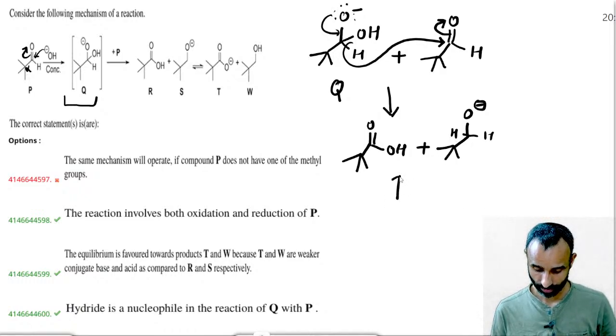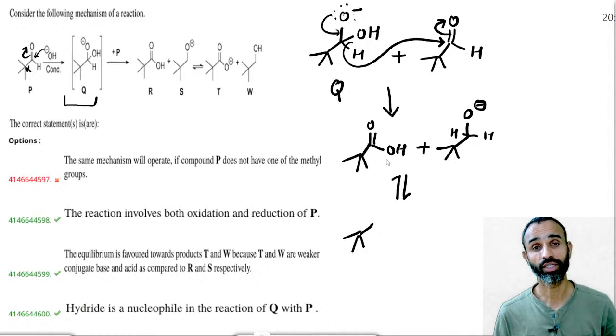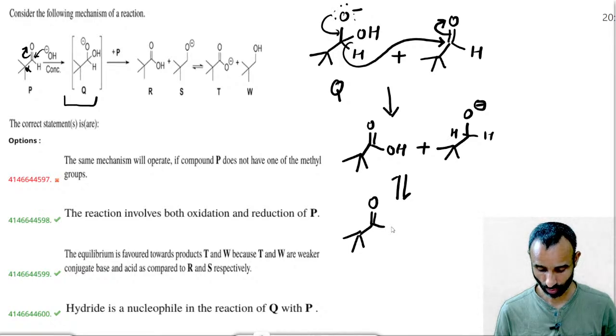Then it is in equilibrium, because carboxylic acid is a stronger acid than this alkoxide ion's conjugate acid, and therefore the H plus ion shifts to the alkoxide.